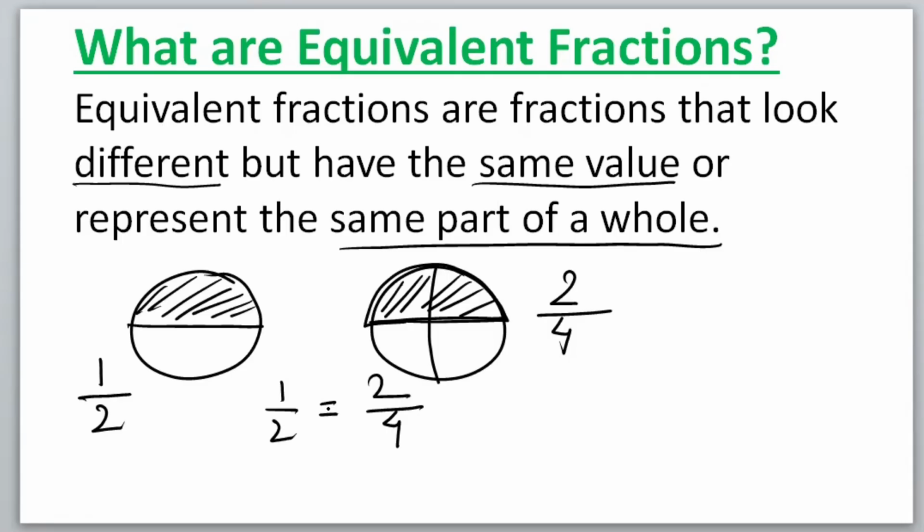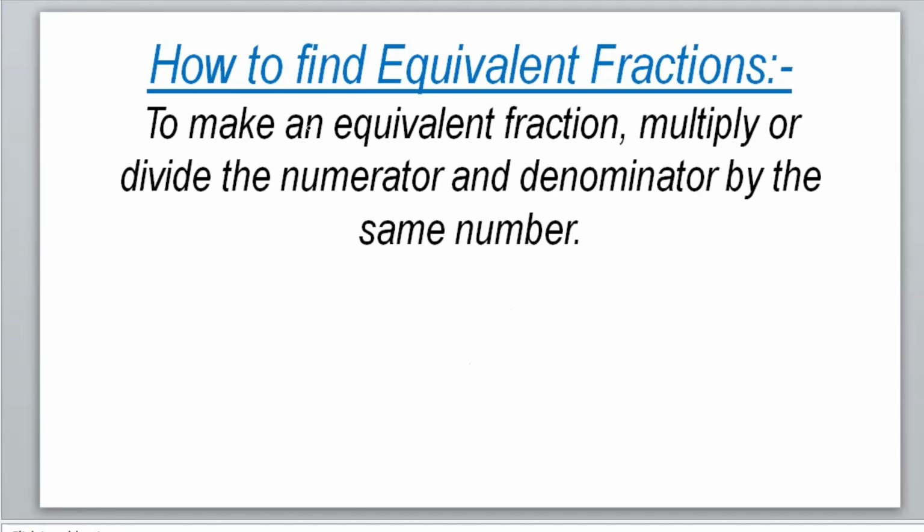Okay, now we will find how to find equivalent fractions. To make an equivalent fraction, what do we have to do? We have to multiply or divide the numerator and denominator by the same number.